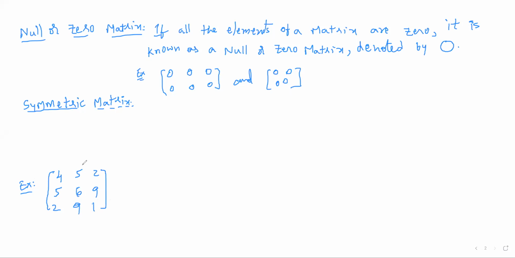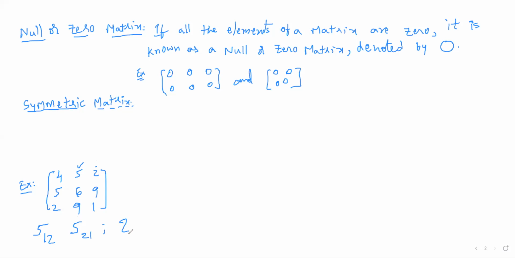If you observe, what is the position of 5 here? First row, second column. Similarly, the second 5 is at second row, first column. Okay. Similarly, what is the position of this 2?